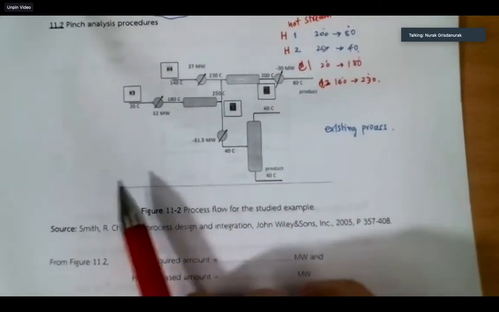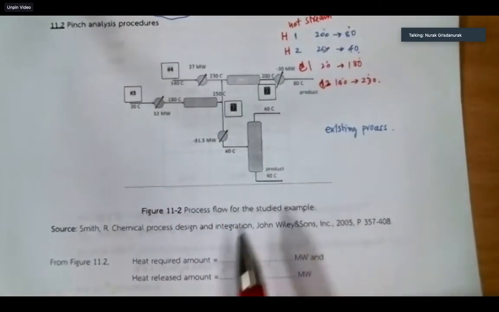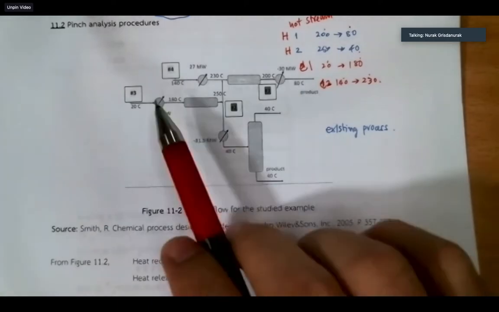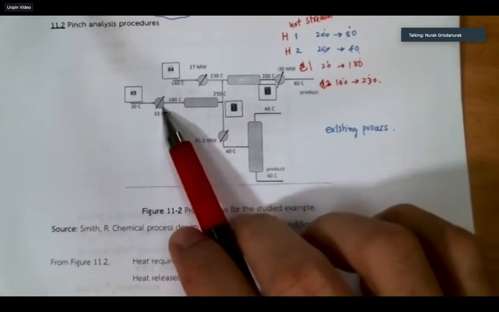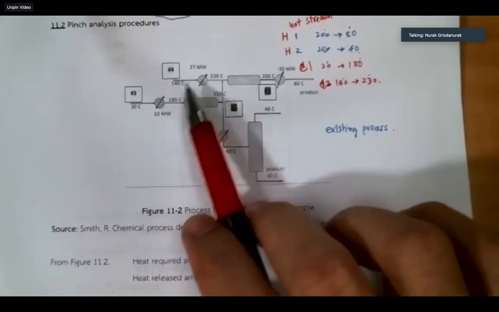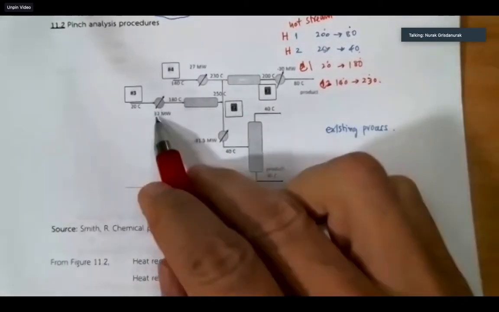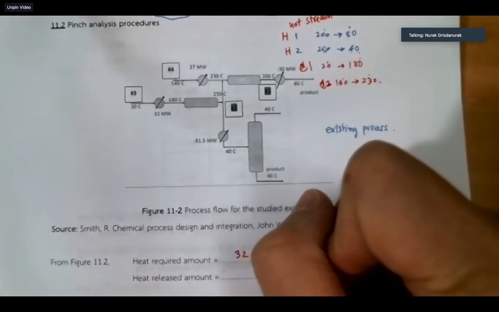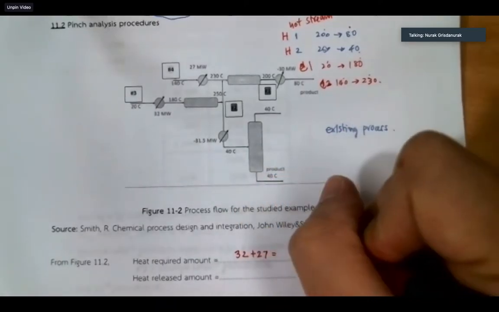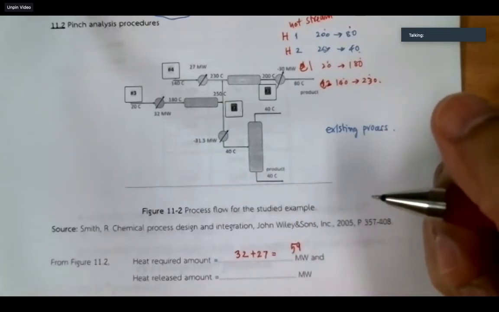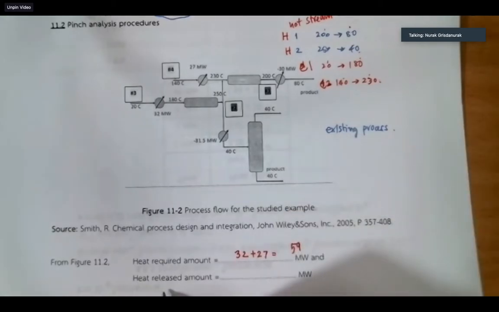Let's talk about the whole picture of the existing process. From this picture, how much heat is required? It is a combination of these two, 32 plus 27, which is about 59. How about heat release?